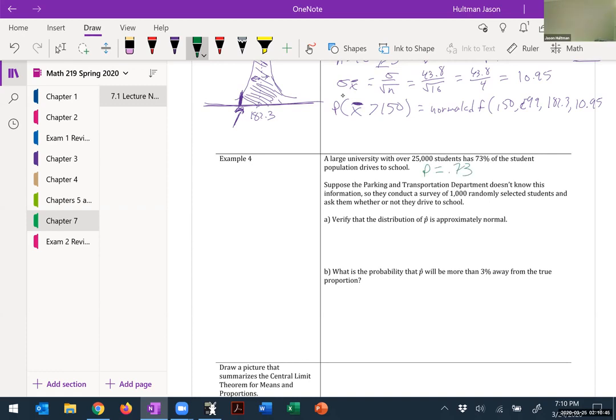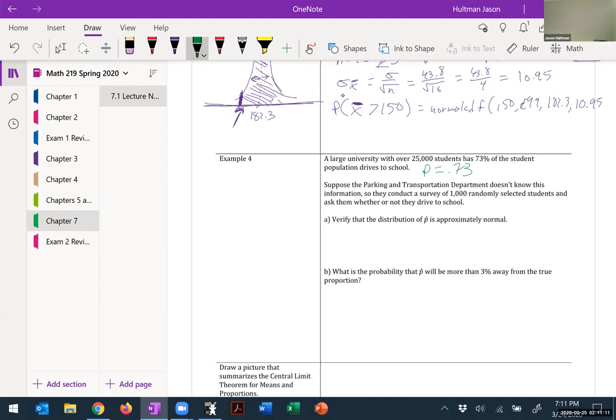Suppose that there are 25,000 students, that is not n. N is actually the entire student population. This is large N, not little n.